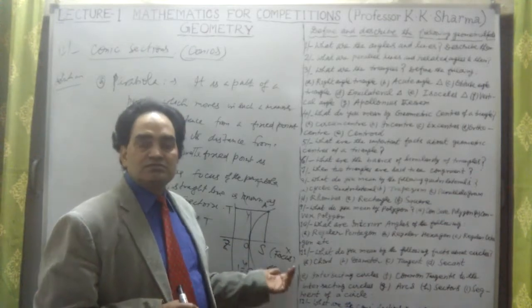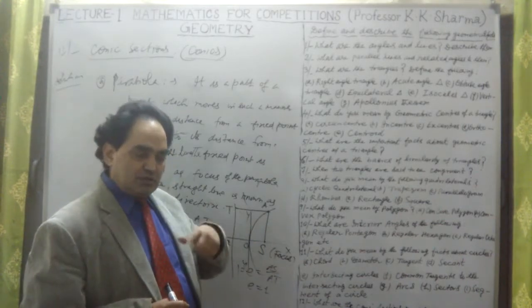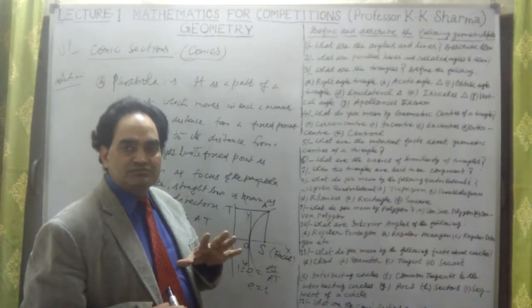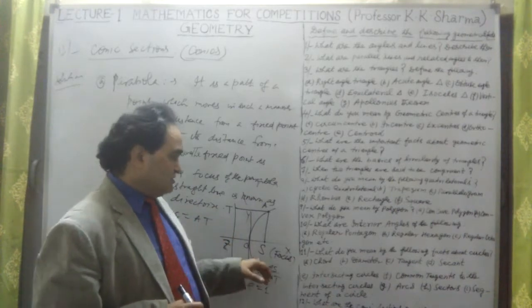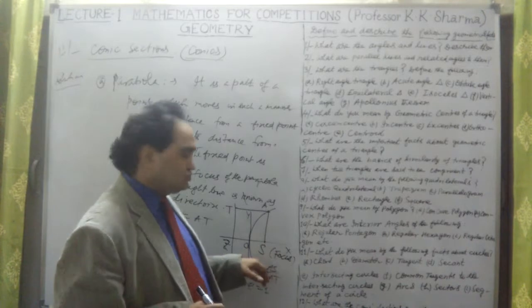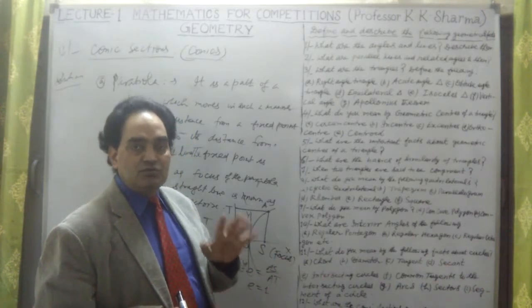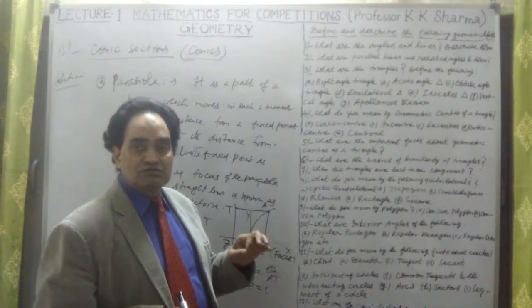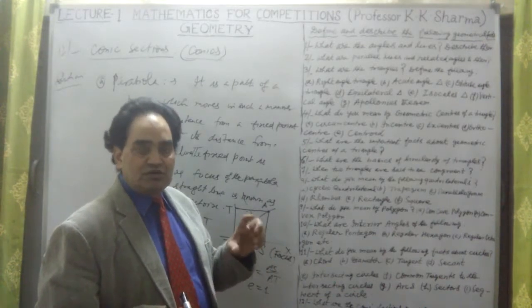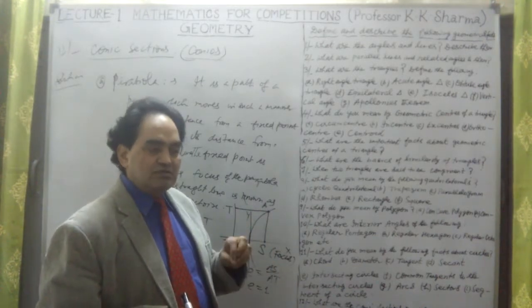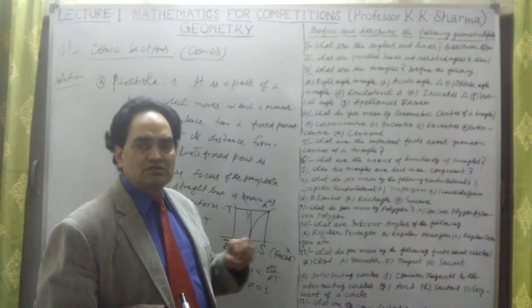I have taken the ellipse because it is a closed figure, the area of which is pi times a times b. Questions based on the area of an ellipse have come in competitive examinations.